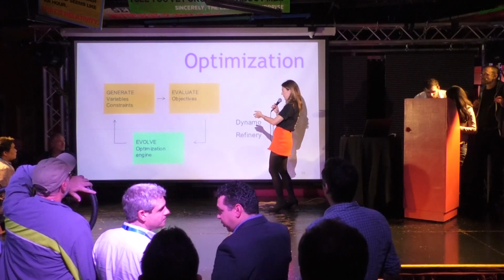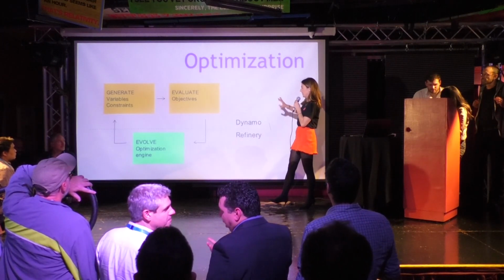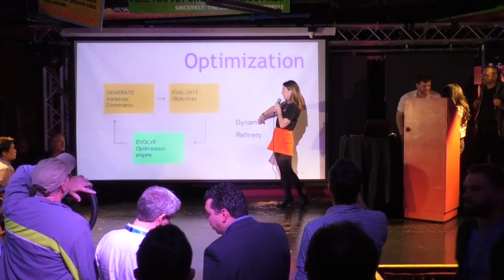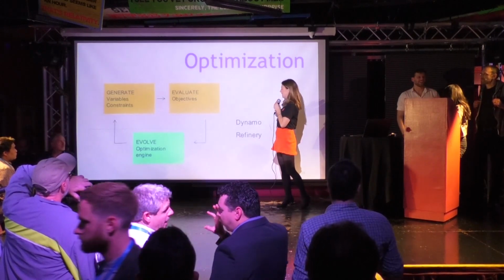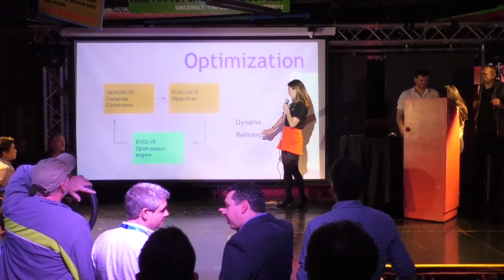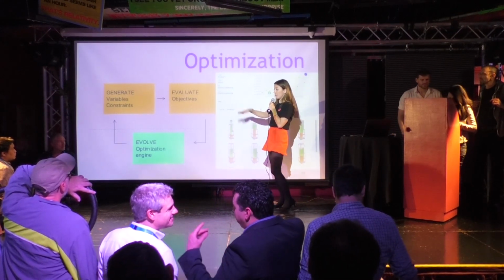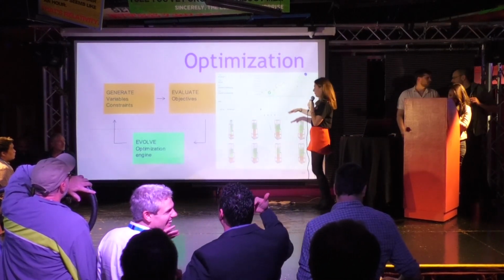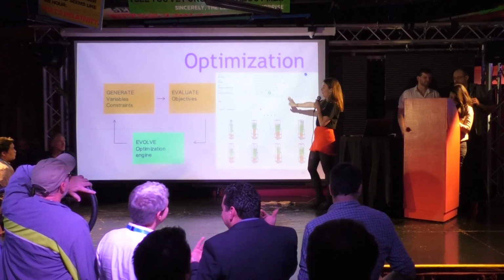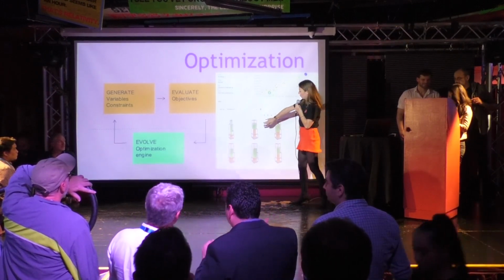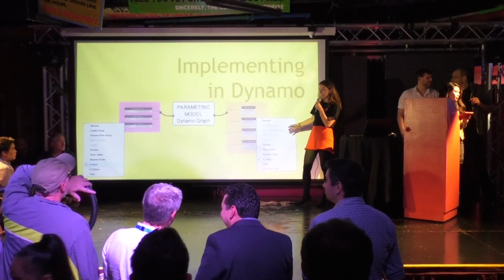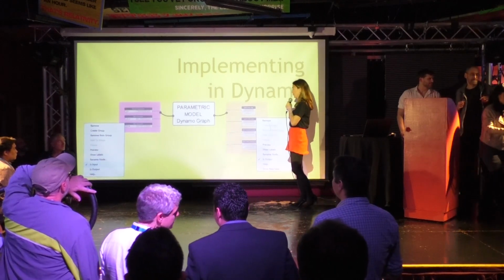And then on the software side, this looks like this. You prepare the parametric model in Dynamo, and then you can use Refinery, which is an add-in for Dynamo, to start the evolution. It will provide you with this nice UI where you can search through all the different designs that it generates for you.